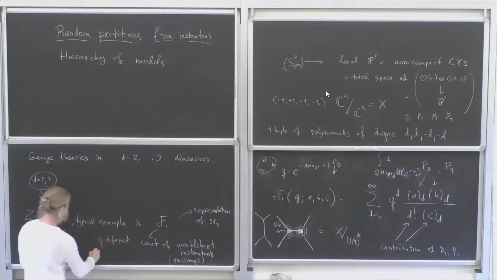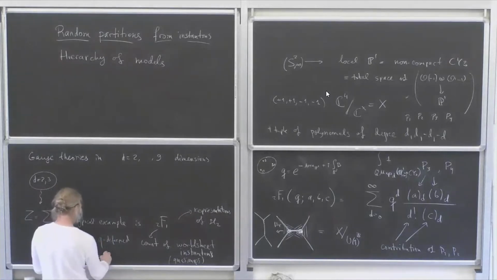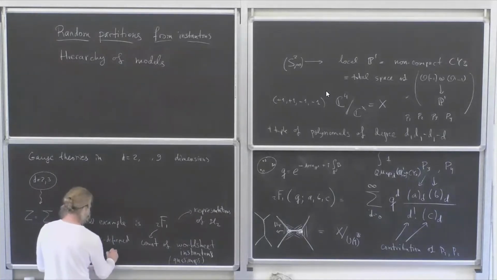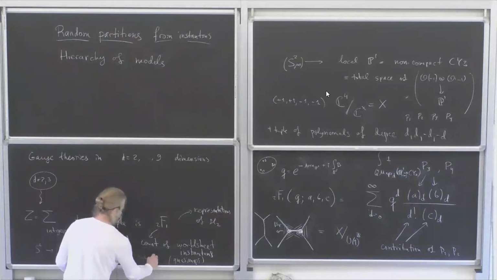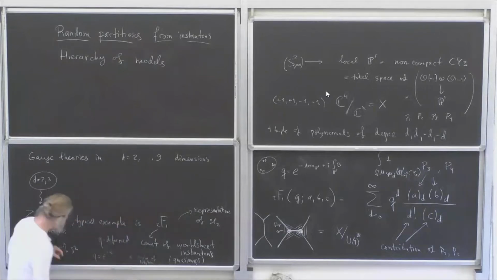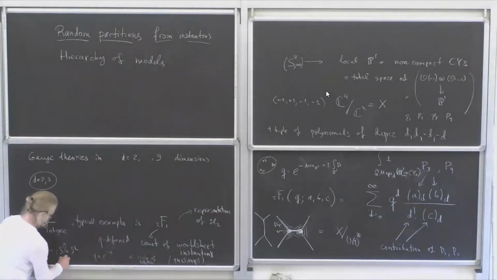And so geometrically, this Q is a phase describing the way you rotate the two-dimensional sphere in going around the circle.